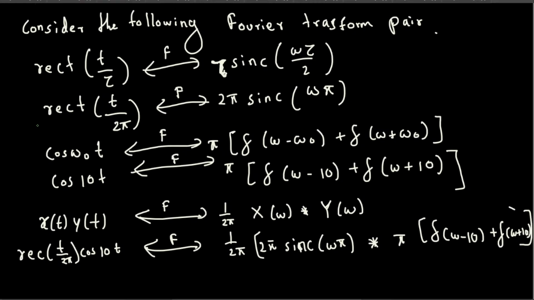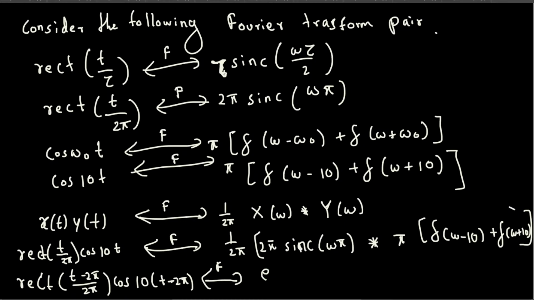Now we have a shift of 2π. Let's see what happens. So this one is rect((t − 2π)/2π) times cos 10(t − 2π). If you have a shift of 2π, then we just multiply this by e^(−j2πω), and the others remain the same.